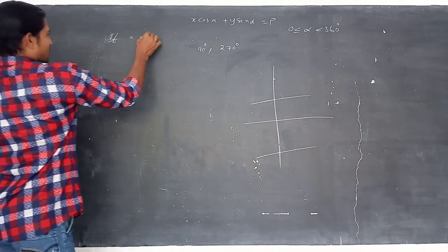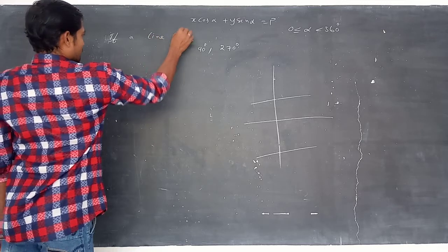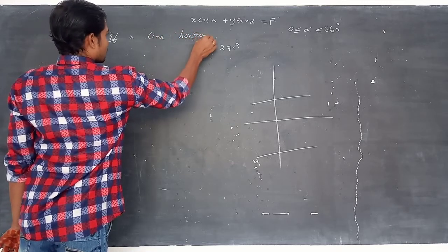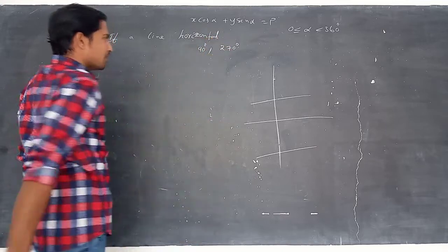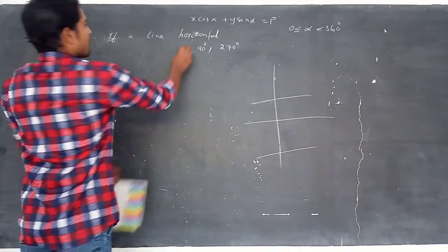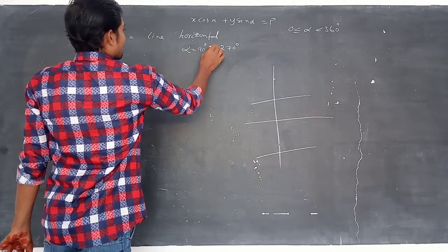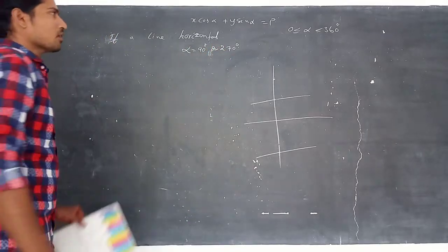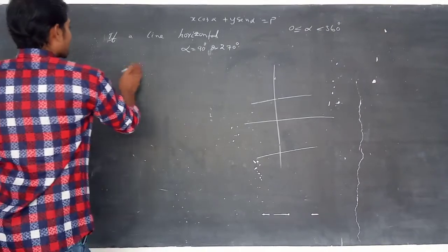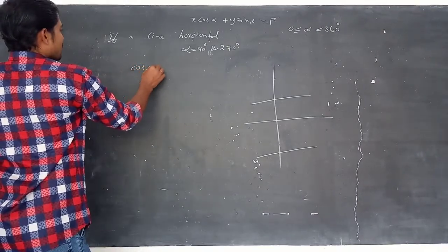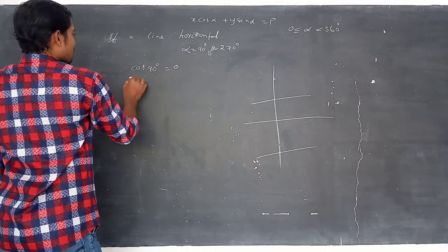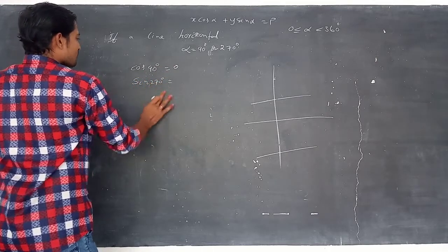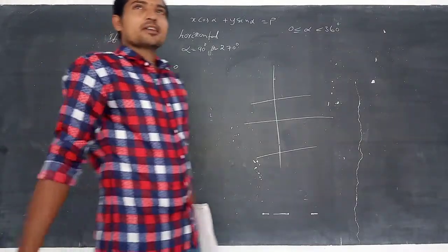If your line is horizontal, when alpha equal to 90 degrees or 270 degrees, then cos 90 degrees equal to 0, and sin 270 degrees is equal to minus 1.